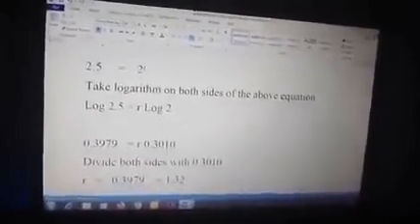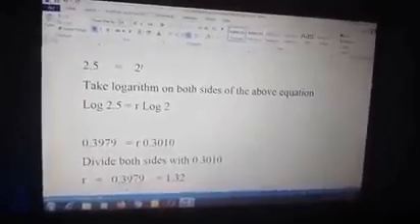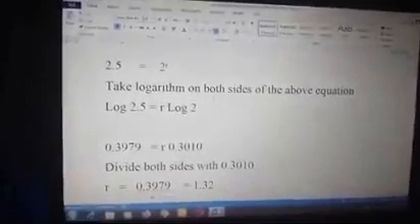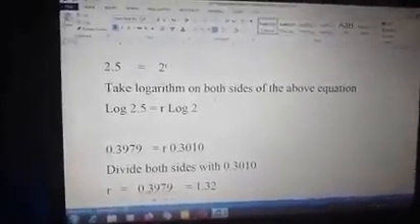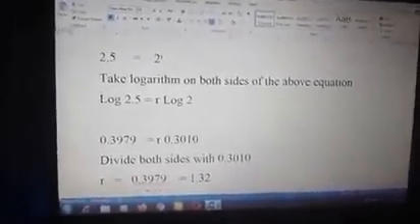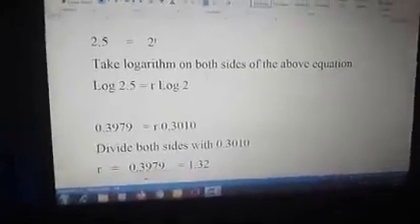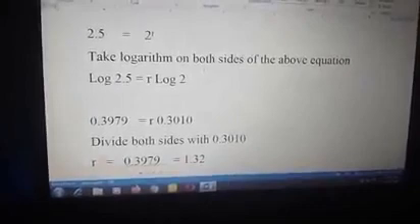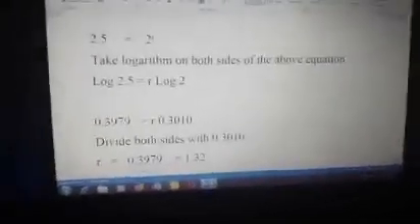So we cannot simplify it by ordinary means. What we'll do, we take log on both sides. Log 2.5 equals R log 2, applying mathematics principles. So log 2.5 is 0.3979, log 2 is 0.3010.